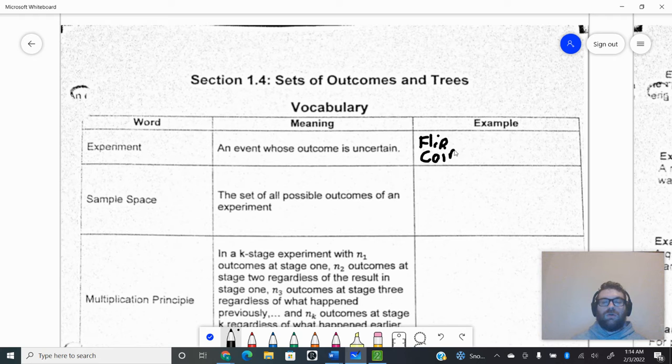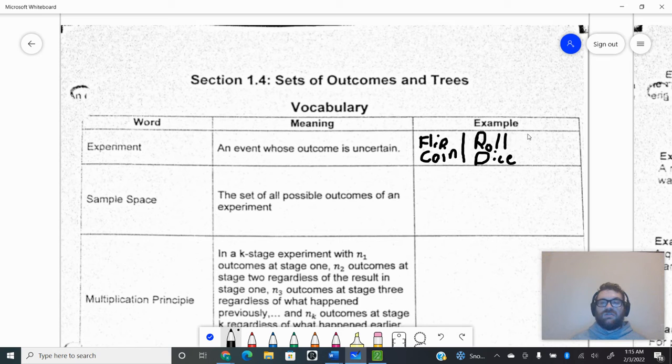So, flipping a coin, that could be one of our experiments, because when you flip a coin, you don't know if it's going to land on heads or tails. It's an uncertain outcome. So what's another sort of outcome that's uncertain? Well, how about rolling a die or rolling multiple dice?